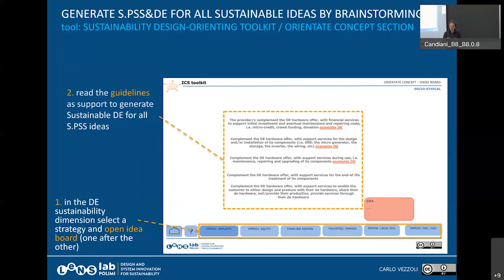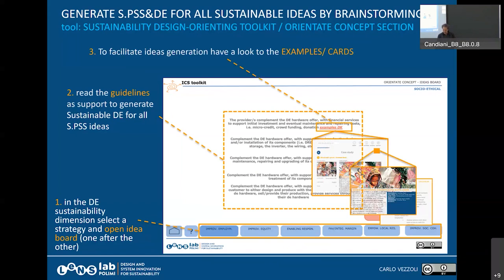So you will be using the 6 idea boards related to the 6 strategies that were presented with the examples and with the guidelines and so on, to generate again new ideas.